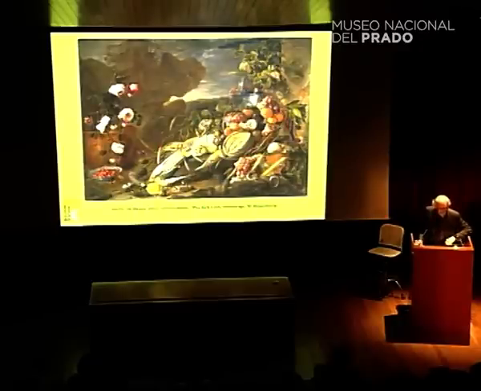And yes, a beautiful example in which he combines fruit and flowers and a landscape background and all these little details with little creepy animals in the foreground, butterflies, everything that he could muster is in this painting.